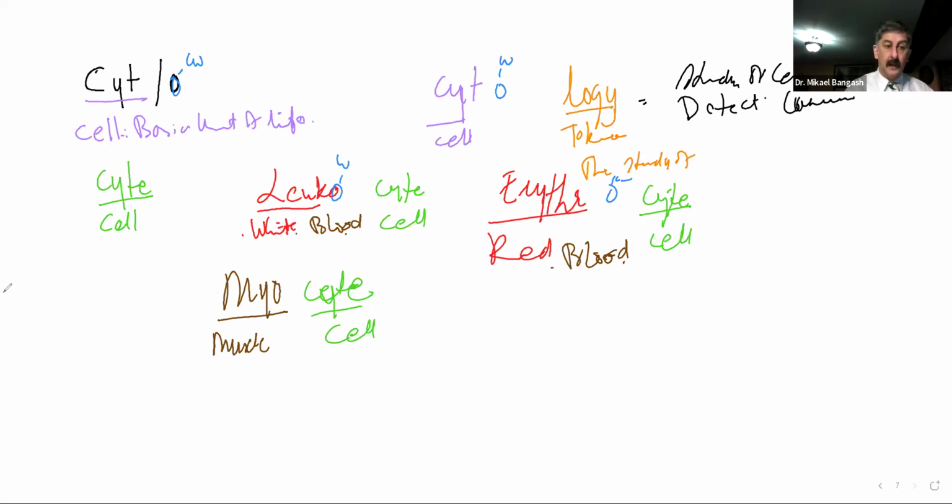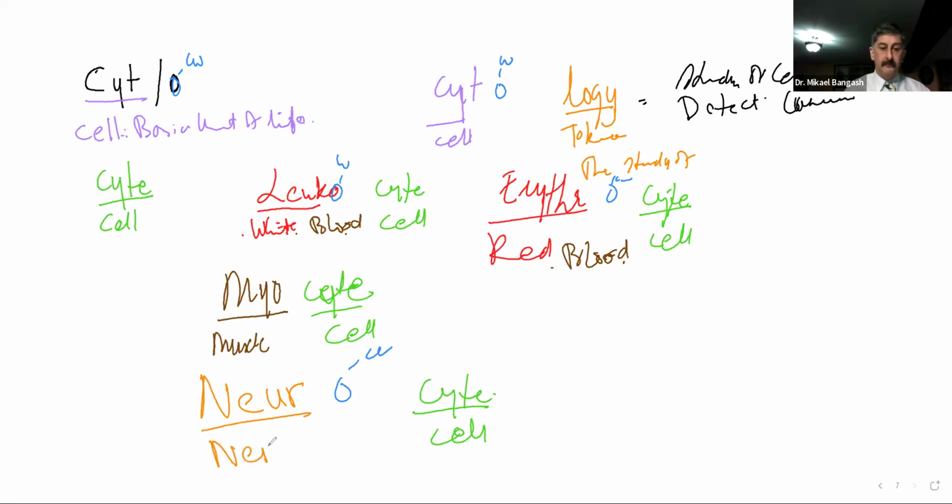We can take one last example: neurocyte. Again, site is the cell. O as in orange is your combining vowel, and the word neur, N-E-U-R, is for nerves.